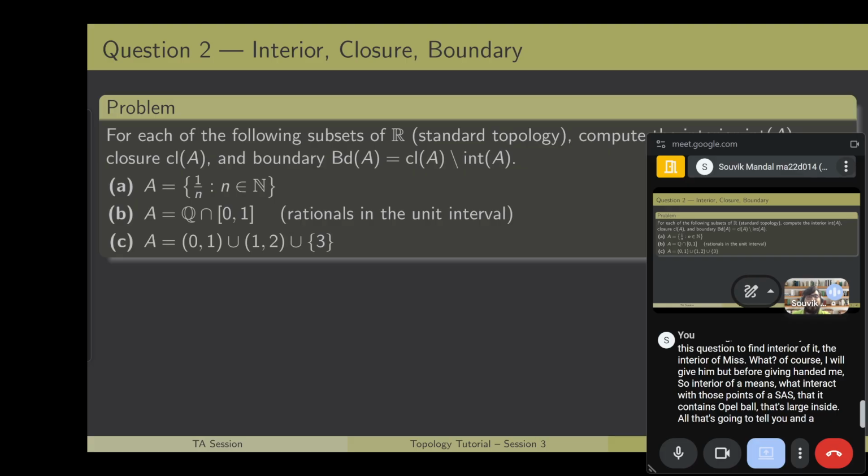And the closure of A is nothing but x belongs to the closure if and only if for any epsilon, for any open set containing x, it has nonempty intersection with A. Okay. So this is the definition of closure. Now use these two definitions and try to compute the interior, closure, and boundary of these subsets A. Okay.